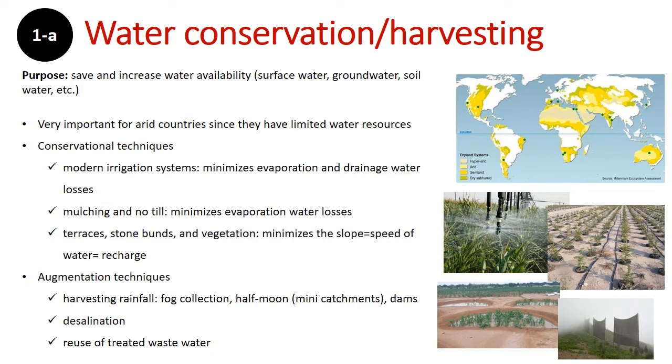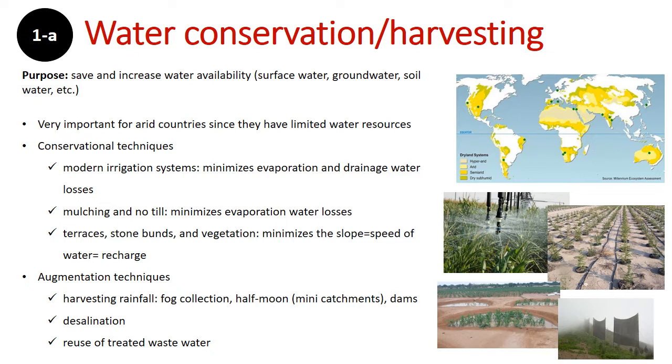And by doing that, you can use, for example, modern irrigation systems that would eventually minimize evaporation and also the drainage water losses. Another technique is to use mulching or no-till. Now, these two things can help to minimize evaporative water losses. By this, you are saving more water in the soil.